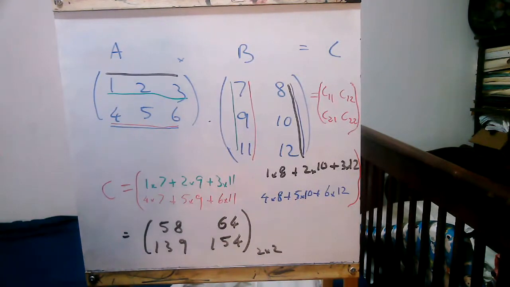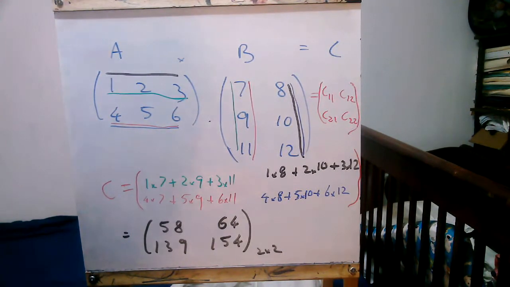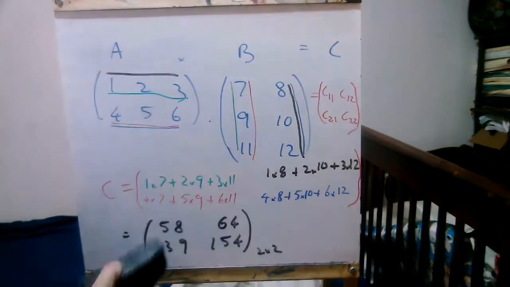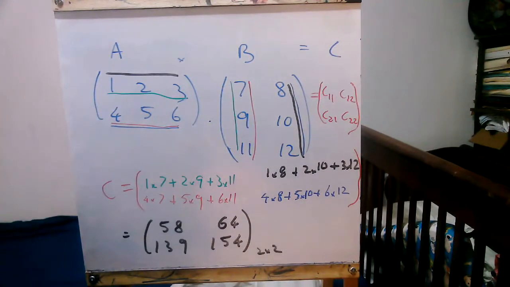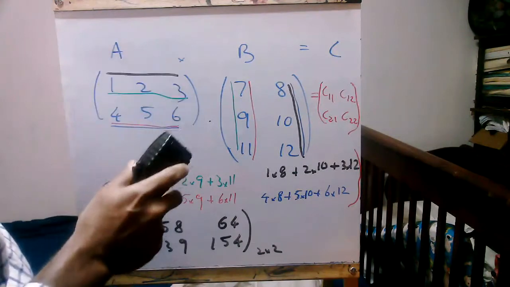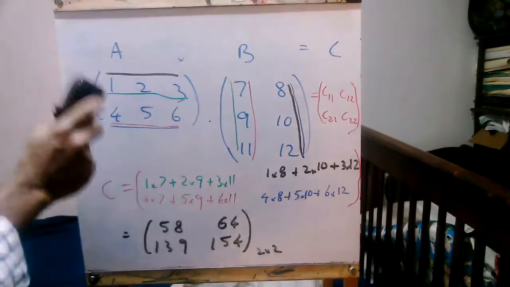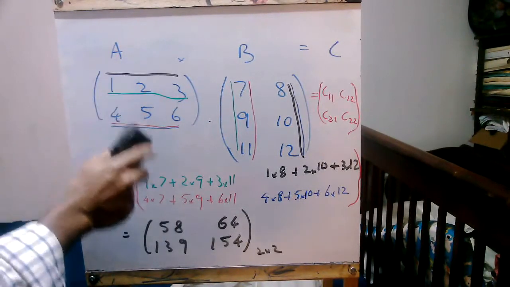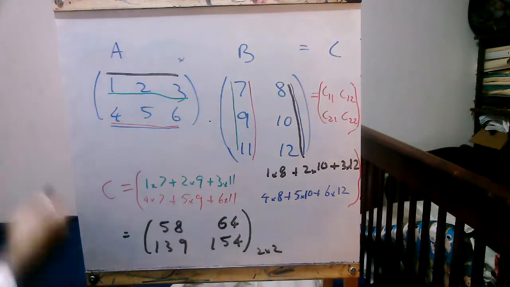Okay, let's go to now. This is the way we do any multiplication with any number of rows and any number of columns. With this, you might realize that we cannot multiply any matrix with any other matrix, right? The number of columns in the first matrix should be equal to the number of rows in the second matrix.